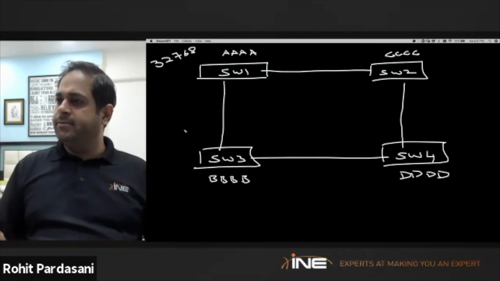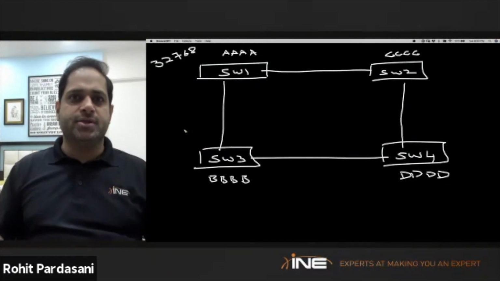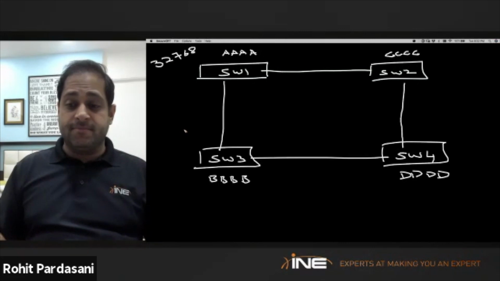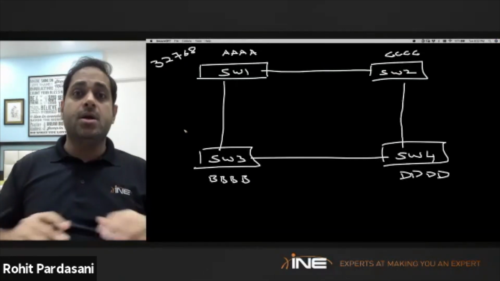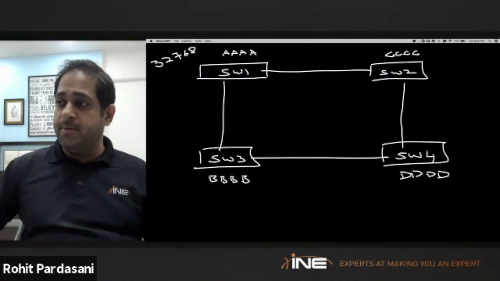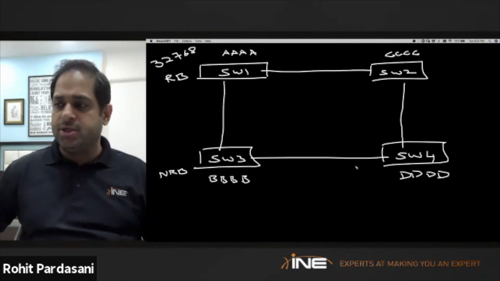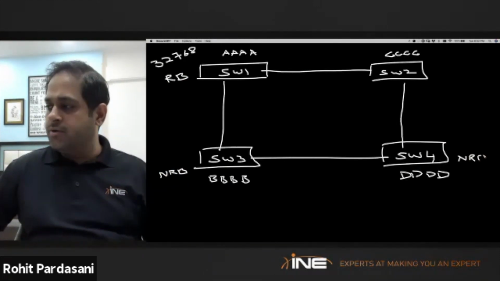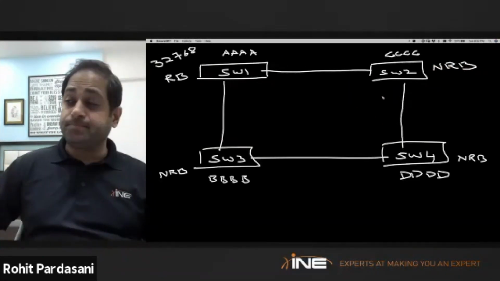Let's think about it. System priority is the same on all the switches. Now it compares MAC address. Switch 1 has a lower MAC address, right? So switch 1 wins and becomes the root bridge. Switch 2, switch 3 and switch 4 would be the non-root bridges.